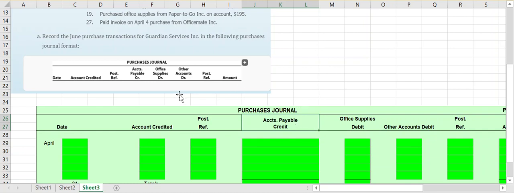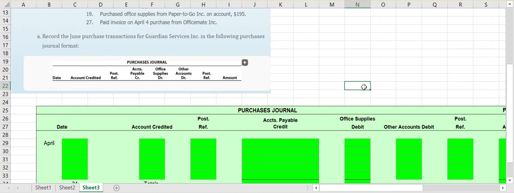So in this case, they have a special column for office supplies. Companies are going to have special columns designated for items that they purchase frequently enough on account that it makes it easy just to give them their own column. So for this company, they have office supplies that they purchase on a frequent basis on account, so they gave it their own column. Some companies might have 5 or 6 special columns. Some might have 2.